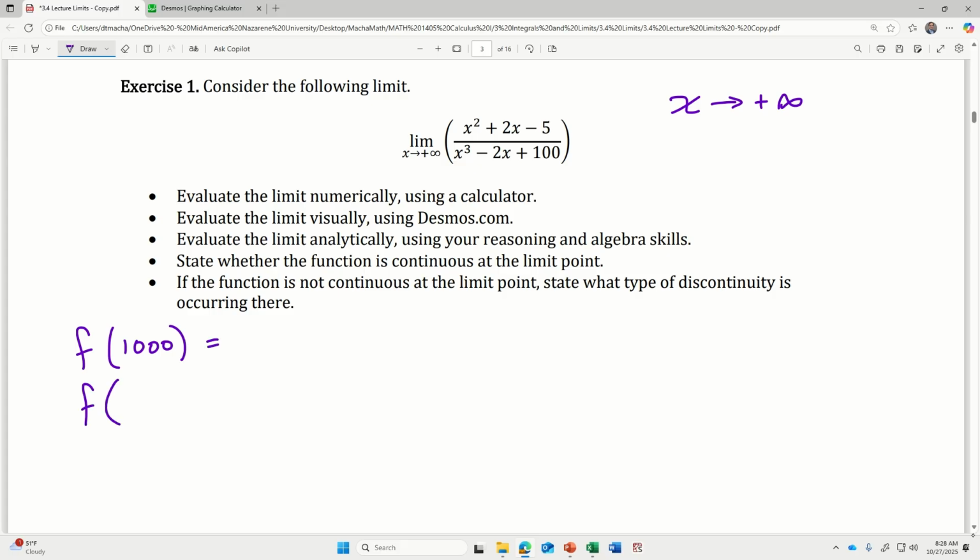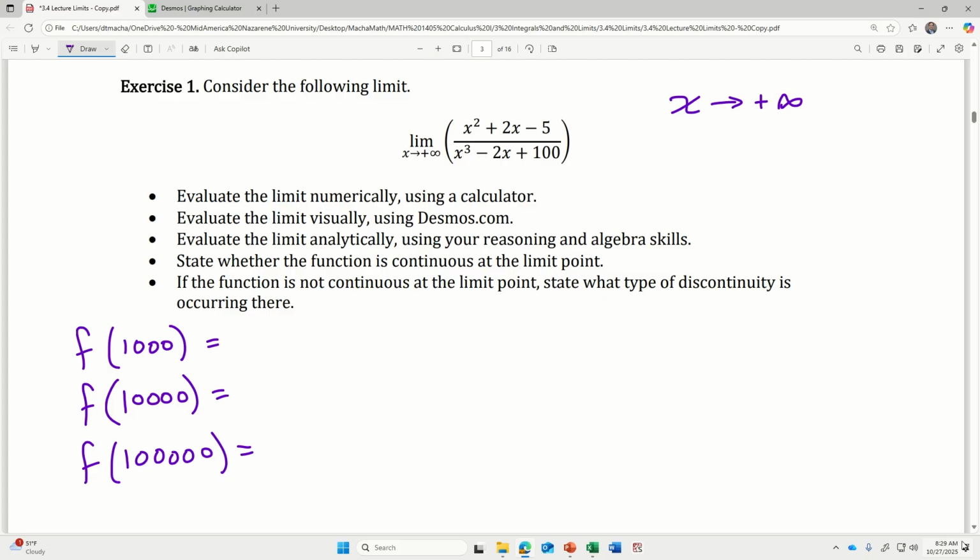And then multiply that by 10 and plug in x equals 10,000. And then multiply that by 10. Plug in x equals 100,000 and tell me what number we're approaching here.